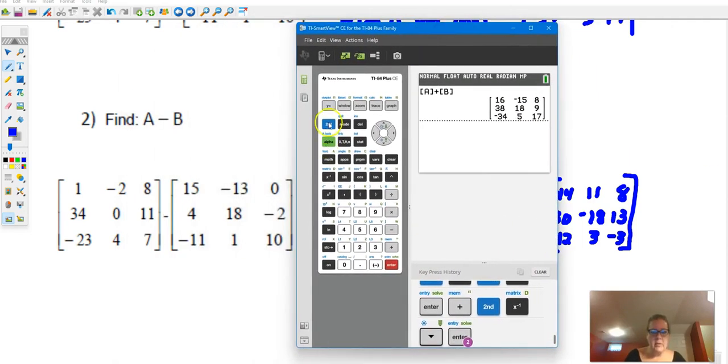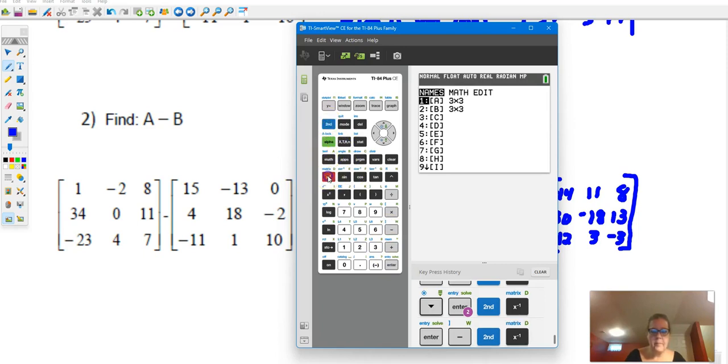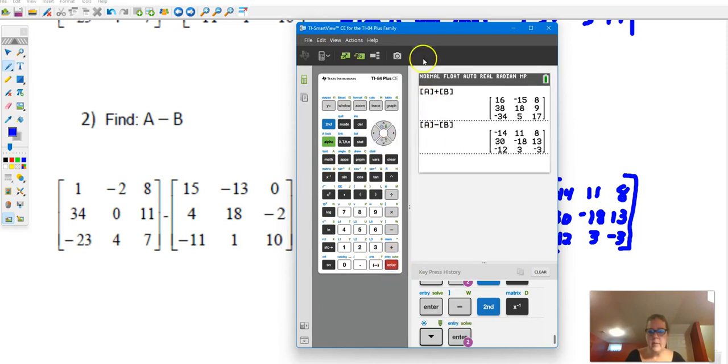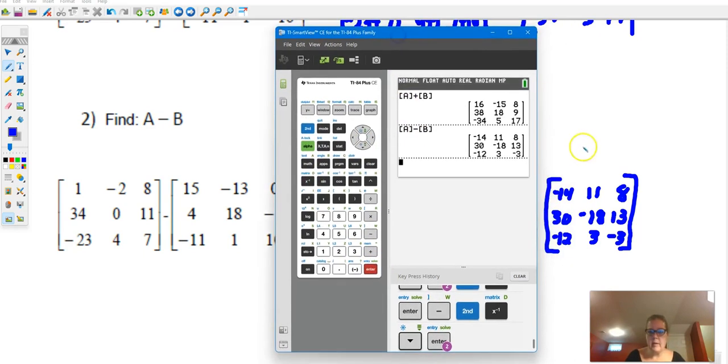Let's go ahead and matrix A. So matrix A under names minus matrix B. And these are the exact numbers that we got for each of these, and you would just write them down in that format.